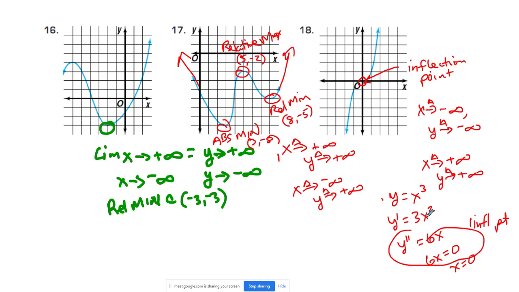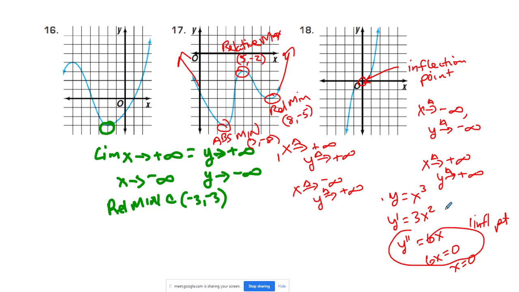Setting the first derivative equal to 0 gives places where there might be maximum or minimum points. But we can see from the graph that at x equals 0, it's not a maximum or a minimum point, but it does happen to be the inflection point.